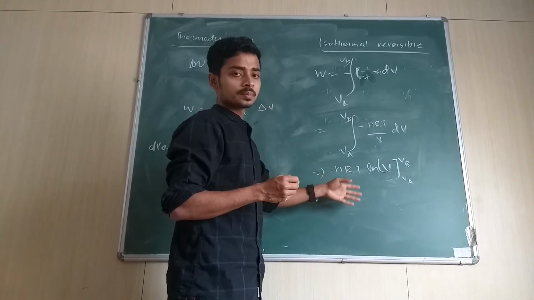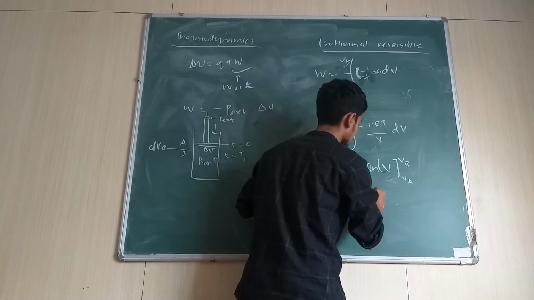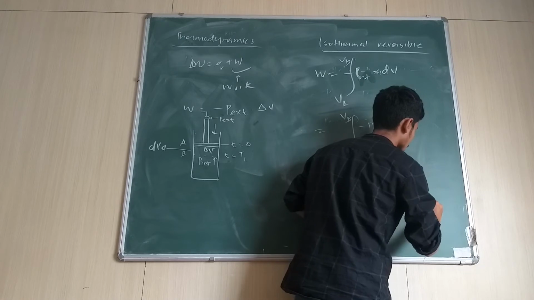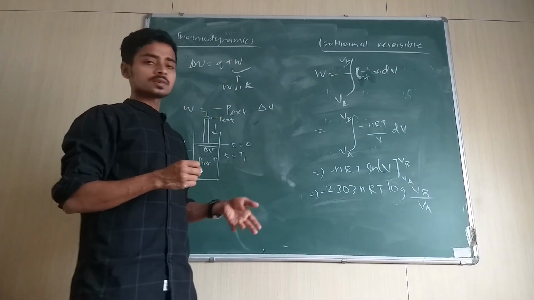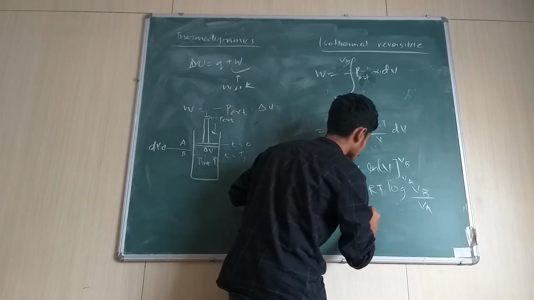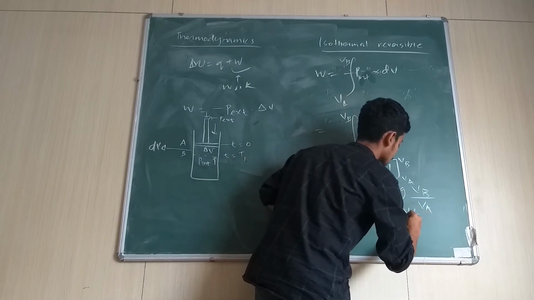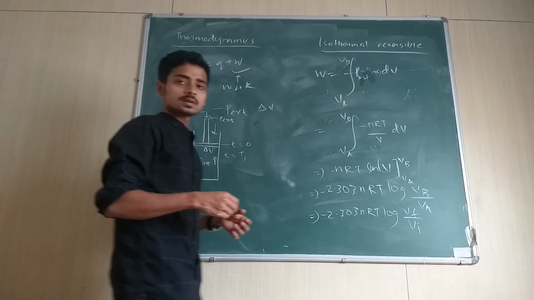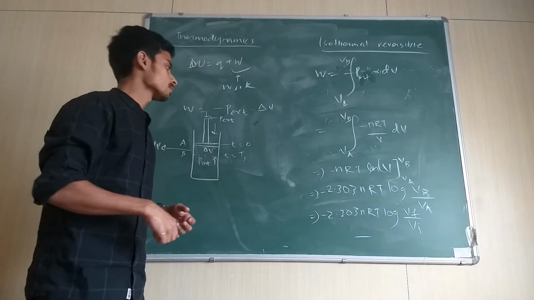If you take log base 10, you have to multiply by 2.303, and we get VB by VA. Now VB is your final volume and VA is your initial volume. So this is the work done in an isothermal reversible condition.